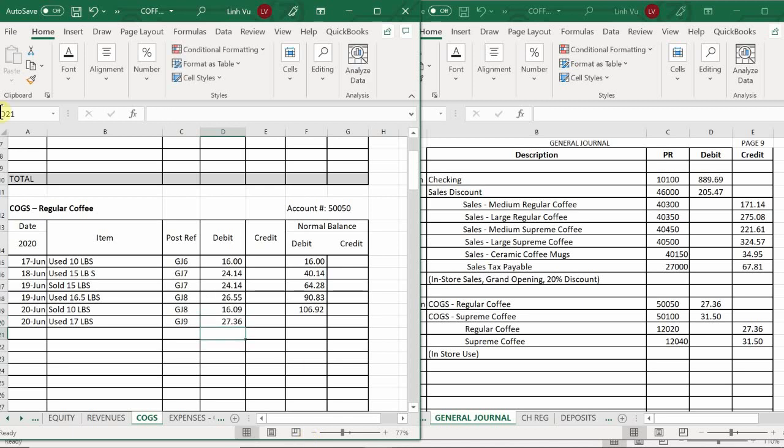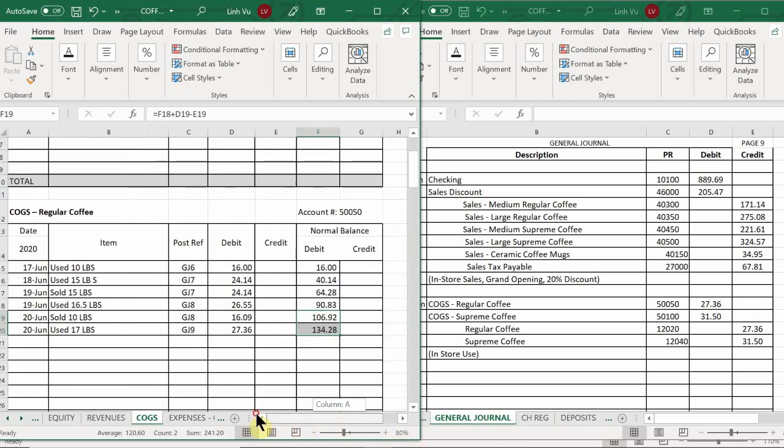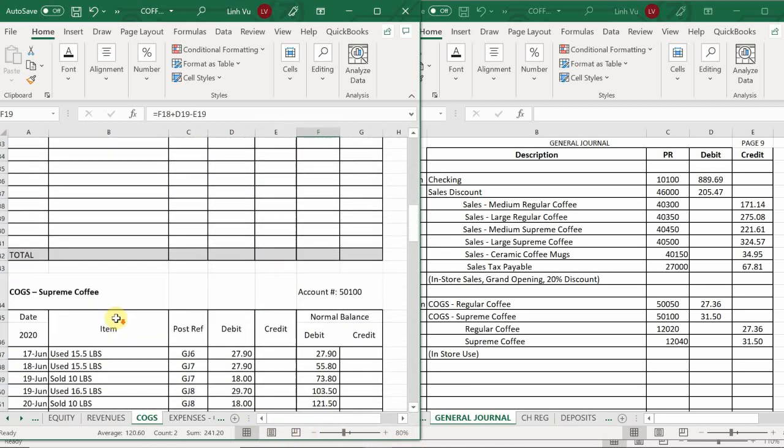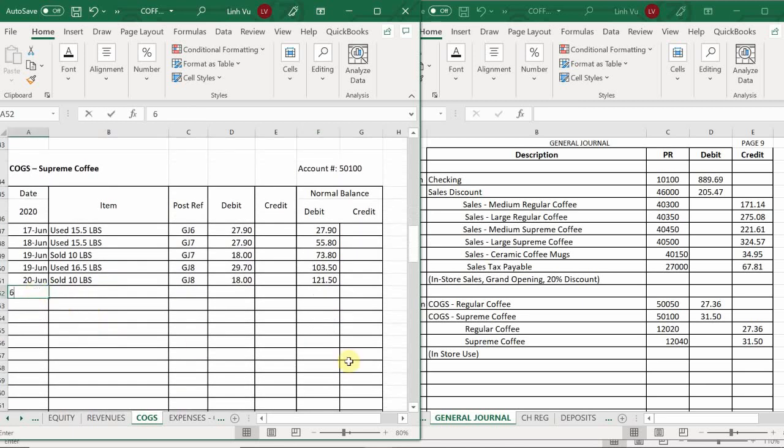What's the total? 134.28. 134.28 is correct. Okay. And we have 17.5 pounds. And yep, we have a 153. Good.